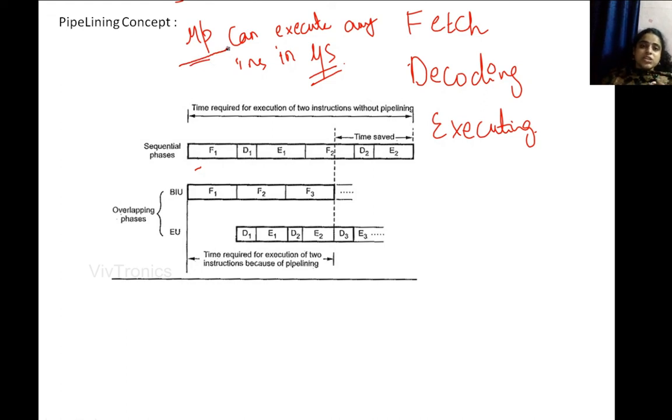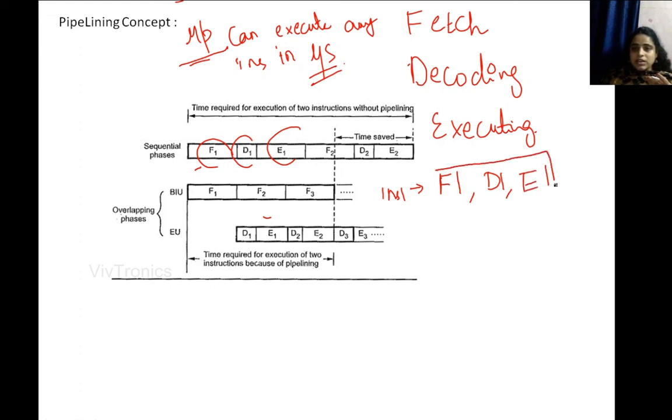This is the functional definition of microprocessor, and the definition that we have discussed earlier is the physical definition of microprocessor. Okay, so you can see here fetching, decoding and executing. So let me tell you, if I have the first instruction, instruction 1: fetching the instruction from memory, decoding the instruction and executing the instruction.